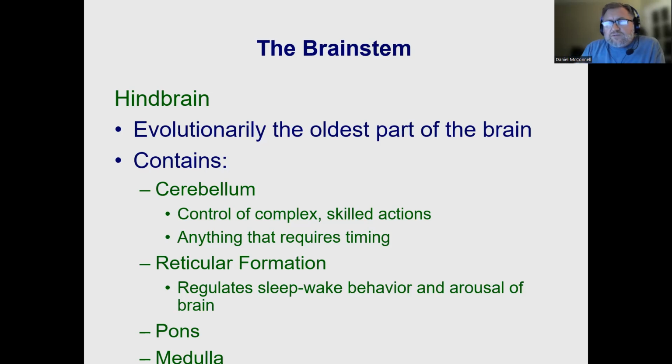But in order to make this work, that means that the muscles that control the shoulder and the muscles that control your elbow have to all be working at just the right timing relationship with each other. And that timing between the muscle contractions across all of these different joints, that's all regulated by the cerebellum.